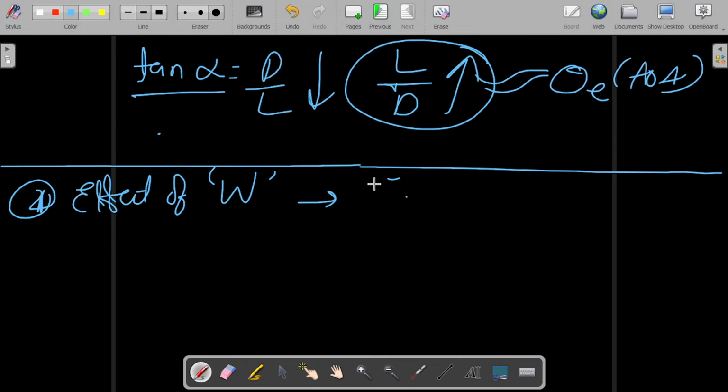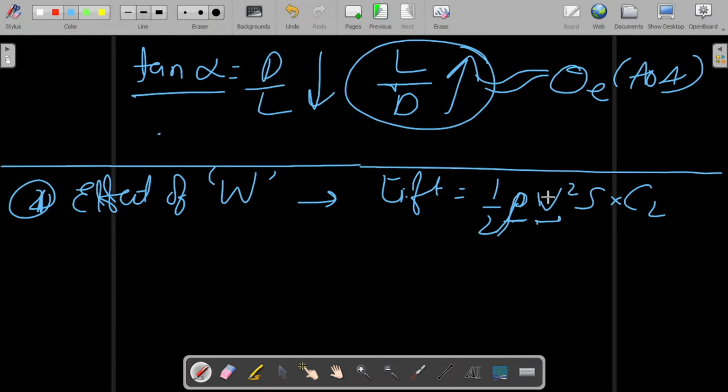As we are aware of the lift equation, lift is equal to half rho v square S into the coefficient of lift. Rho is the density of the medium, v is the velocity at which the aircraft is flying, S is the surface area of the aerofoil, and CL is the coefficient of lift. I'll cover this lift equation in detail in a later section.